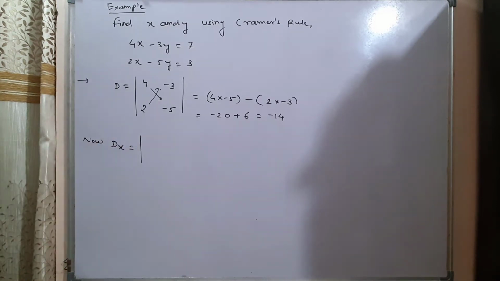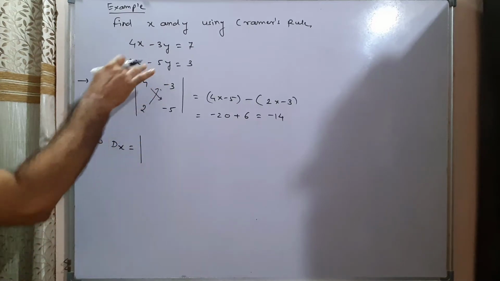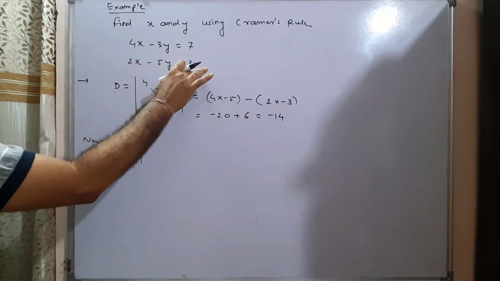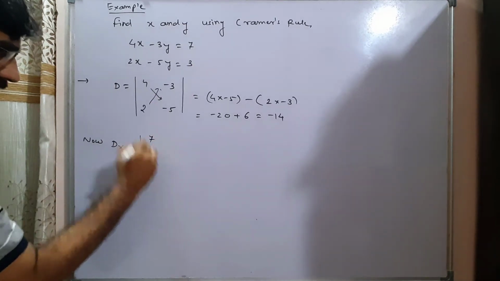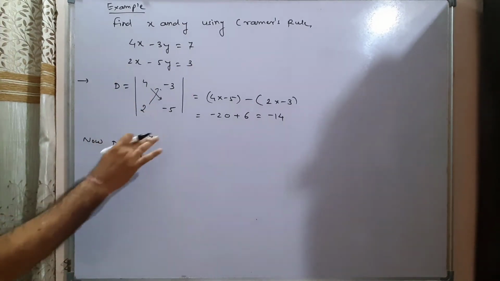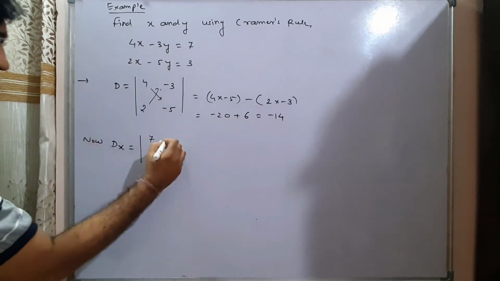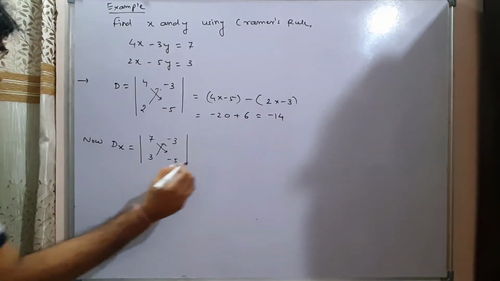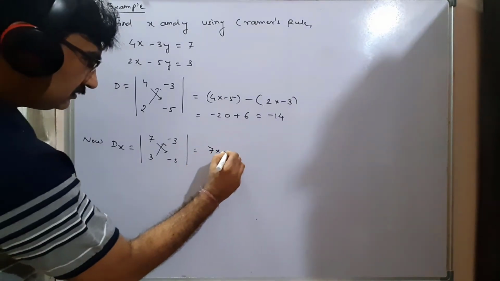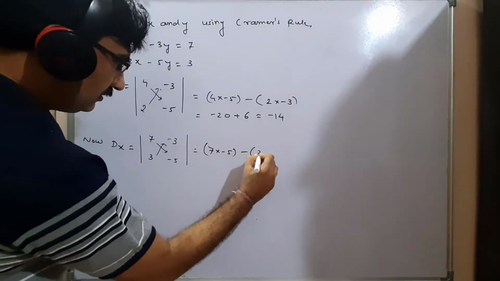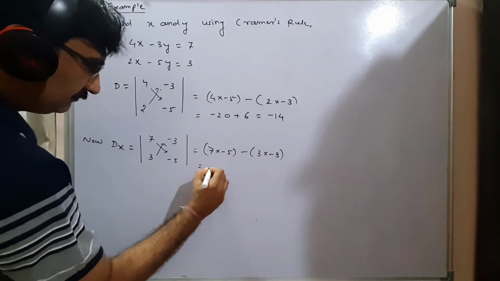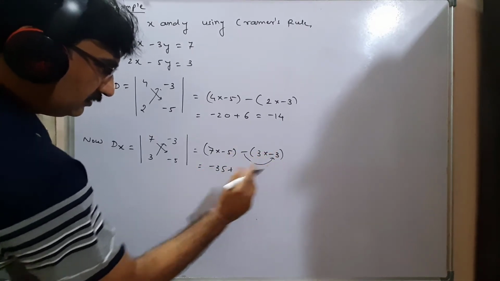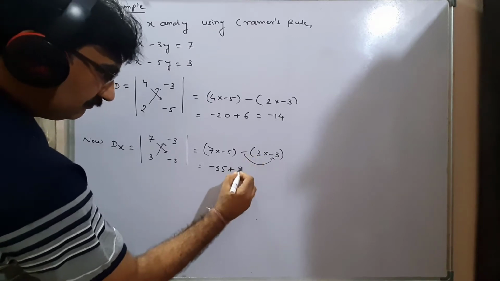Now dx. In dx we change the coefficients of x and substitute 7, 3. So instead of 4, 2, we put 7, 3 and keep minus 3 and minus 5 as it is. Take the cross multiplication. 7 into minus 5 minus 3 into minus 3: minus 35 minus minus, plus 9.